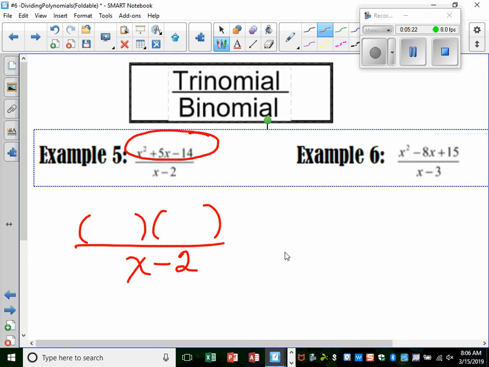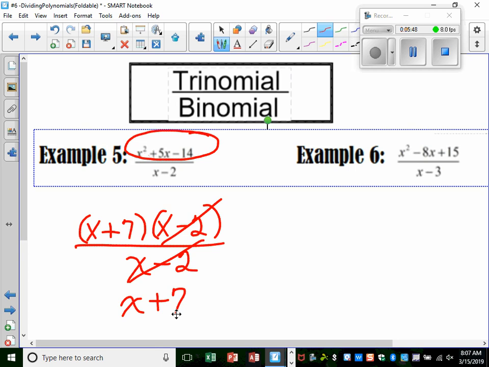I know 7 and 2, I can get a positive 5 some kind of way. So what would that be? 7 and 2. Plus 7, minus 2. That gives me negative 14, and it'll add up to my middle number, positive 5. What can I cross out? I can cross out the x minus 2's, and then I'm left with x plus 7.